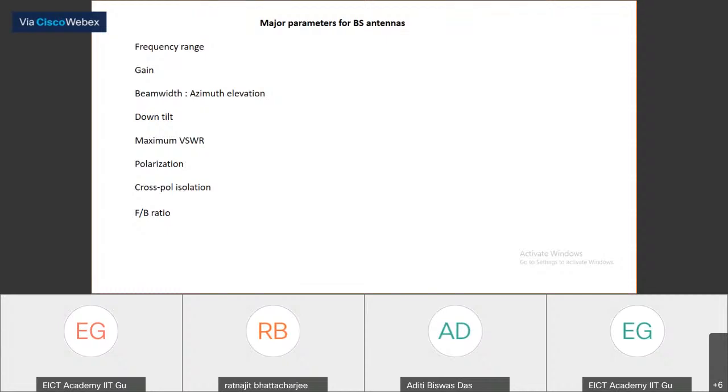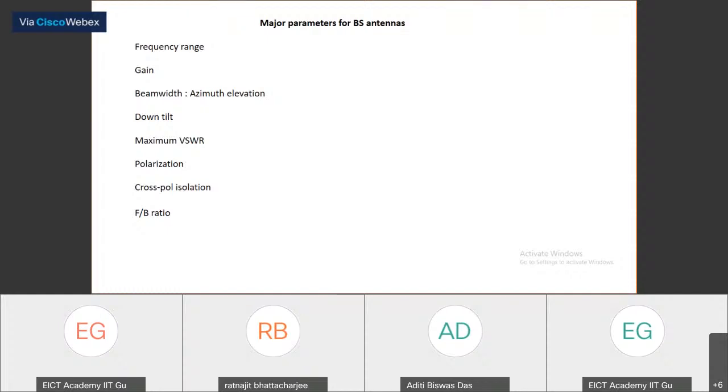And if you consult the data sheet of an antenna, you will find all these parameters being specified by the manufacturer, and depending upon the requirement, the service provider is going to provide to its customers.